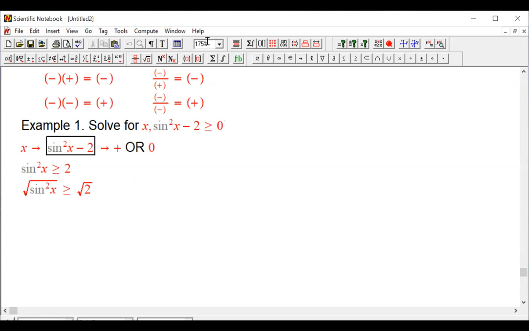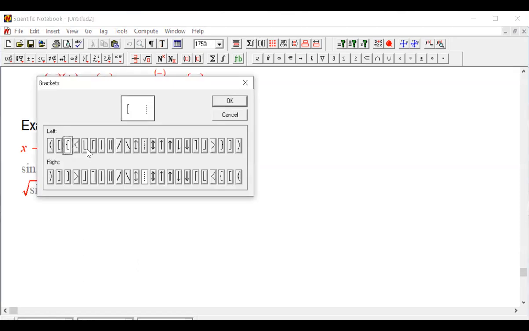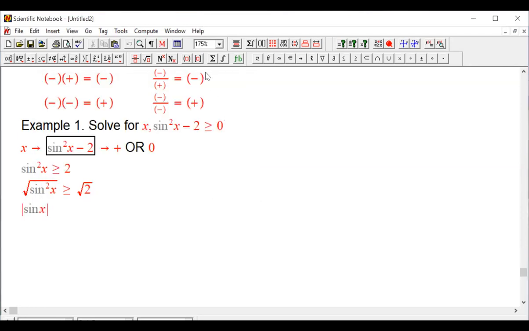Then we get the absolute value of sine x greater than or equal to √2. This fits the model of solving inequalities of absolute value: the absolute value of omega is greater than or equal to √2.